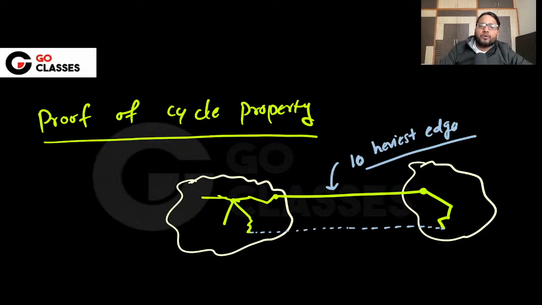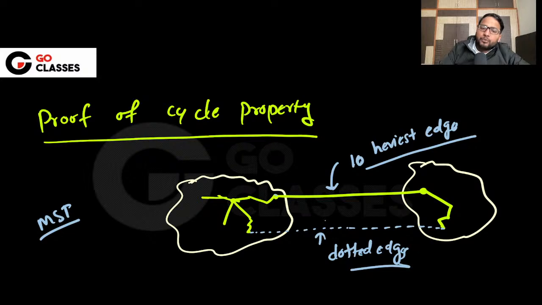Okay. So what I'm trying to say here is that let's suppose there's a cycle in this graph. Okay, and in this graph, I have formed the MST, minimum spanning tree, which looks like this. So basically, apart from this dotted edge, whatever I have drawn here is a minimum spanning tree, which means there is no cycle here or something.